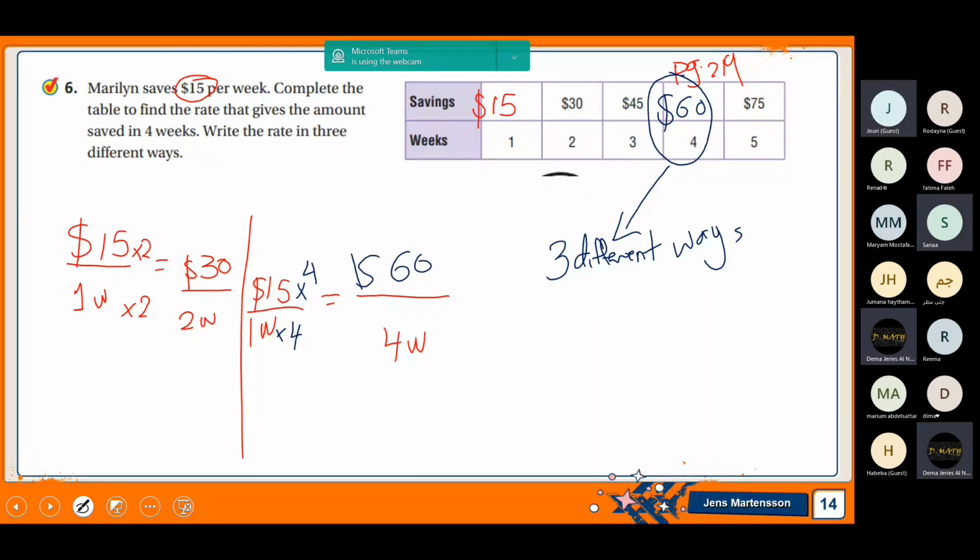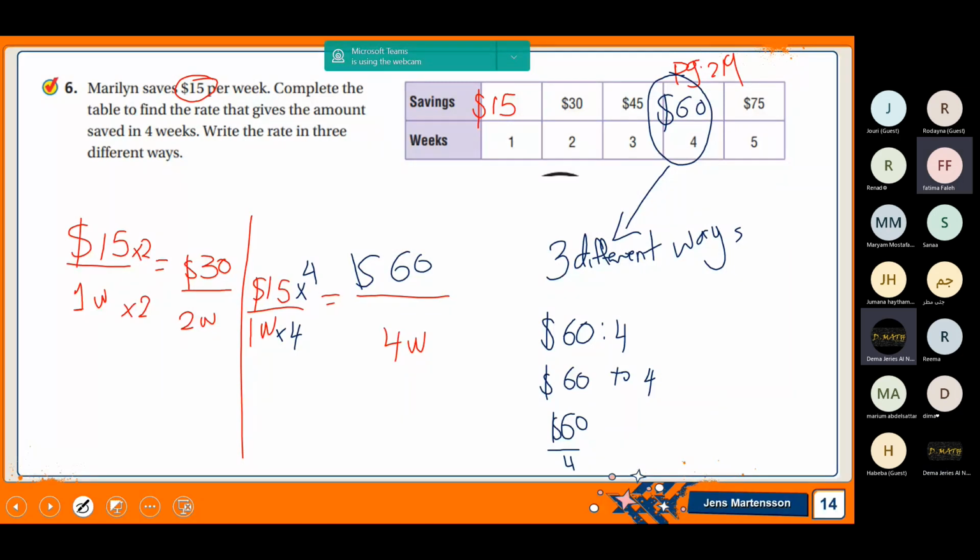So we will write 16 to 4, and 16 over 4, and 16:4. Bravo. Thank you.